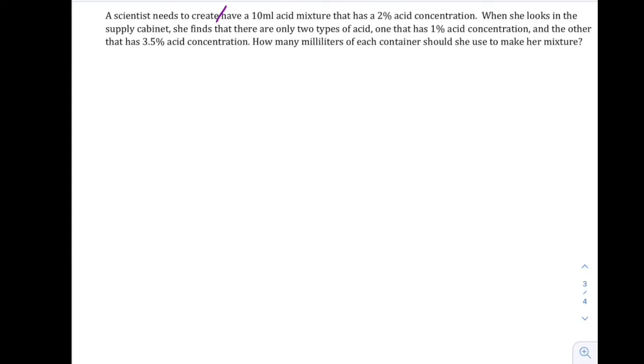Usually acid is not 100% acid. It'll be acid and there'll be water in it. So I guess it'll be 98% water and 2% acid, all mixed together. So they need a mixture that has 2% acid concentration.